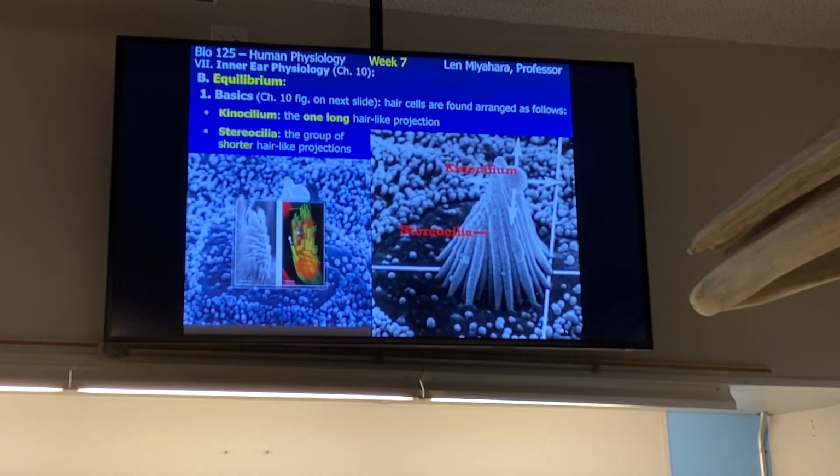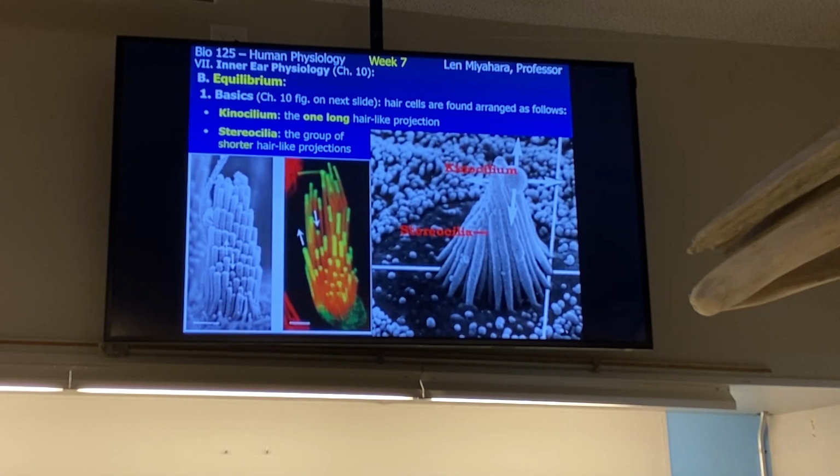So here are the two different types of cilia. The one long one with the club end, that's the kinocilium. The stereocilia are the shorter ones. They look like hairs. That's why they call these hair cells. Again, stereocilia is in all three regions, but there is no kinocilium in the cochlea, only stereocilia.